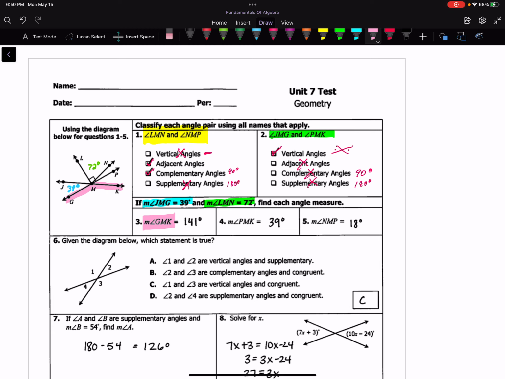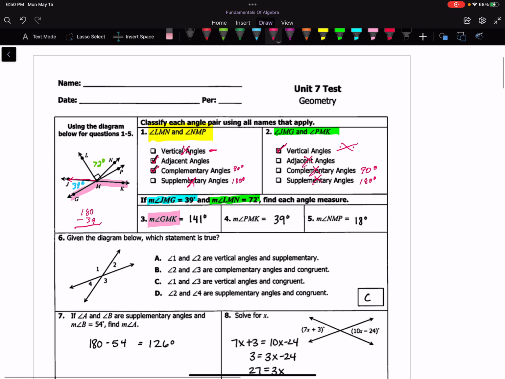Well, the first thing I see is that it is part of a flat line. The flat line is 180. So we can subtract 39 to get that one, and we subtract, borrow the 1, 117 for 141. So that's how we get 141.